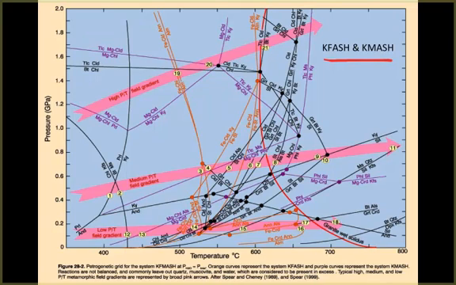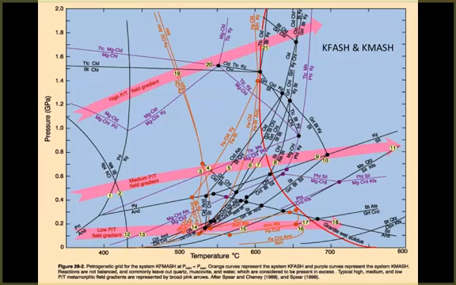Okay, well, let's just orient ourselves, and it's very handy that the kyanite, andalusite, sillimanite phase boundaries are there. That helps us see what PT space we're in. And let me get rid of that so you can see more of the other reactions.